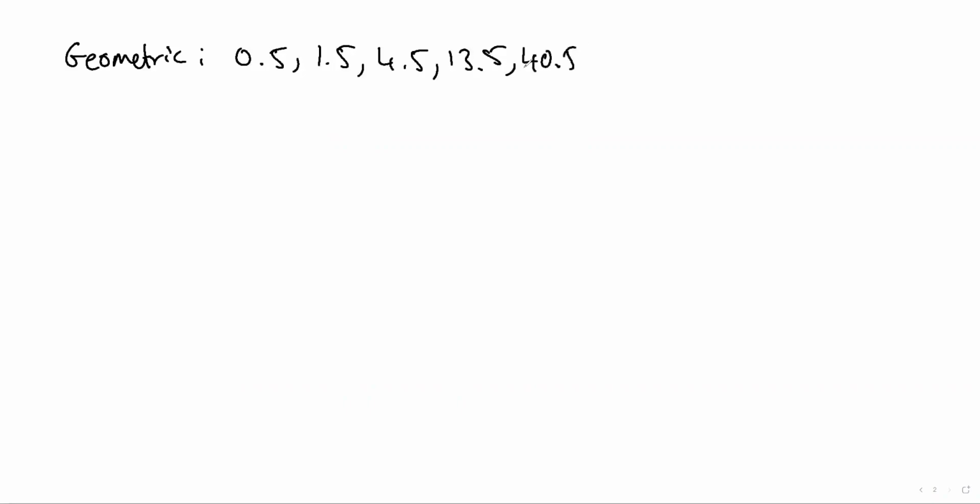The second type of sequences we need to know about are geometric sequences. Geometric sequences work like this. So you could have something like this. Now this is a little bit complicated, but in essence, all we're doing is instead of adding by a number, we're multiplying by a number, multiplying by 3 every time, like so.